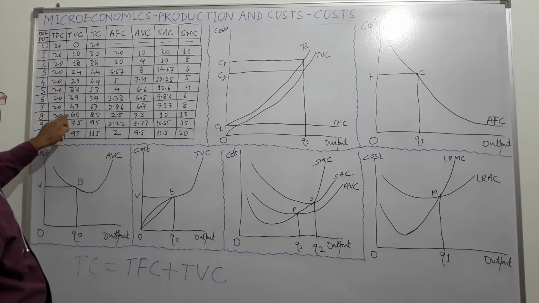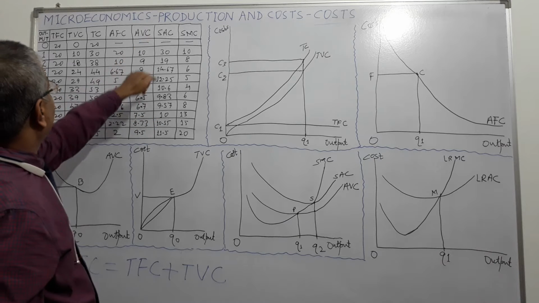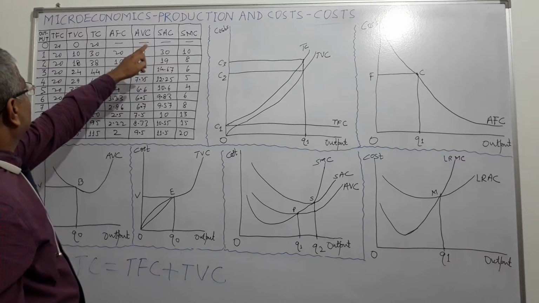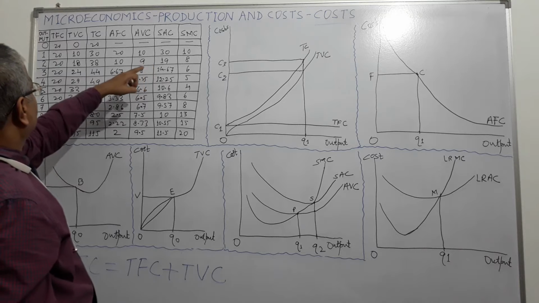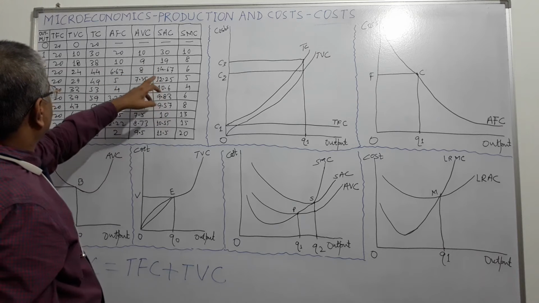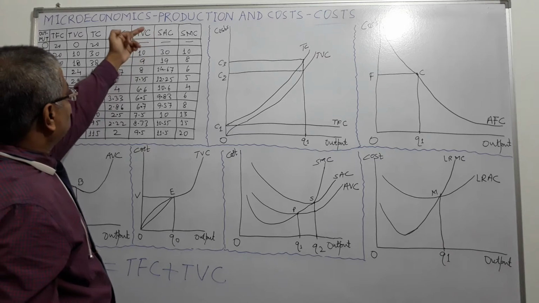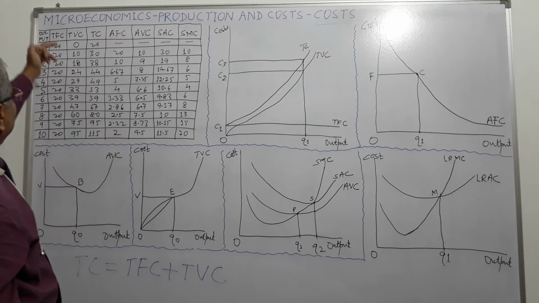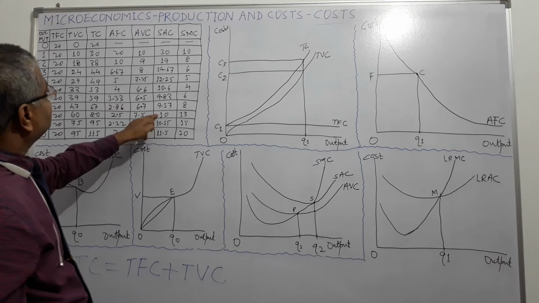So you take 8 units of output. If you take total cost here, at 8 units it is 80. So 80 divided by 8 is 10.